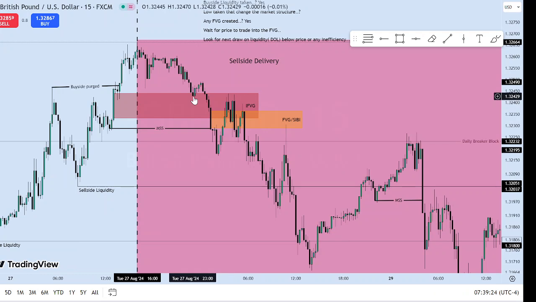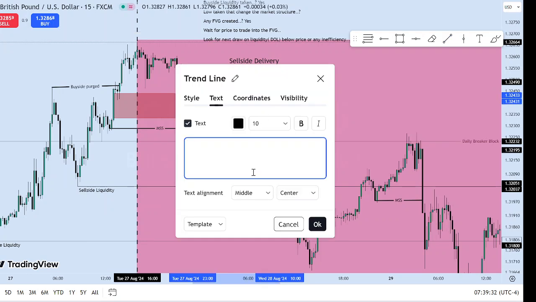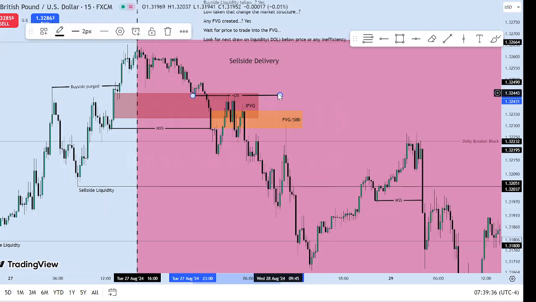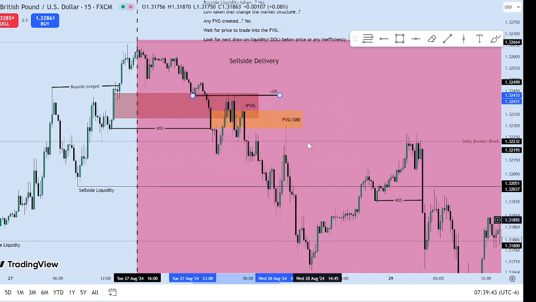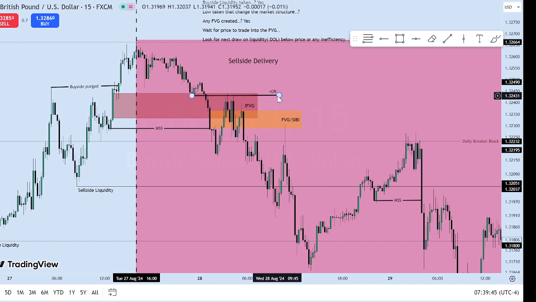Here is another block. Here is another block. You can see where price traded. Other block also stands as a major resistance level in the market too. You can see only the wick was touching the other block.